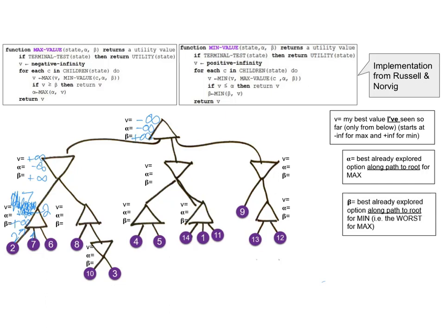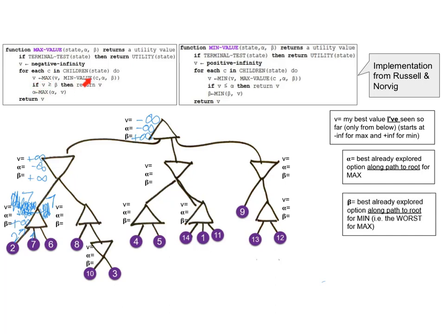Now, if v is greater or equal to beta: 7 is not greater than or equal to plus infinity, so we keep going. Alpha gets whatever's bigger, alpha or v. Alpha's 2, v is 7, so alpha is now 7. Now we have to run this for the third child, which is the 6.